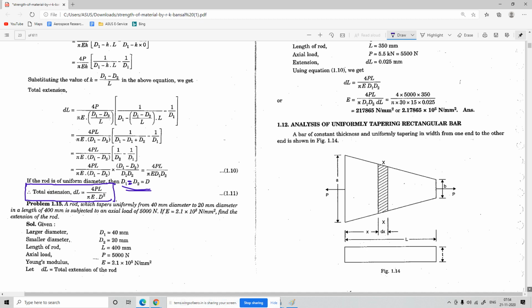Okay, sorry, it will not be minus. If D1 is equal to D2, you'll have this formula. If D1 and D2 are different, you will have 4PL by pi E D1 into D2. Okay, this will be the formula.